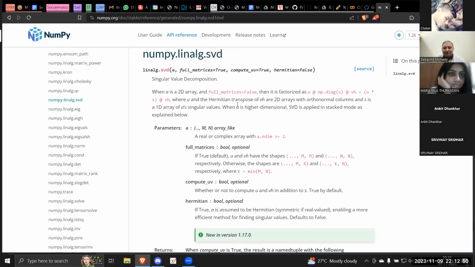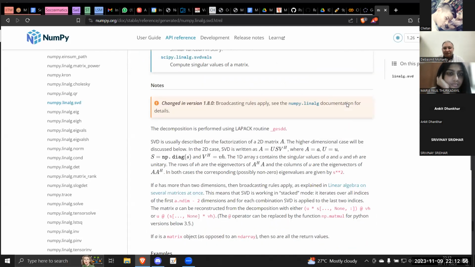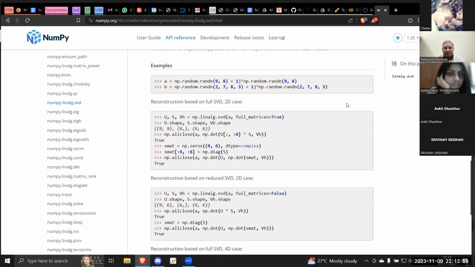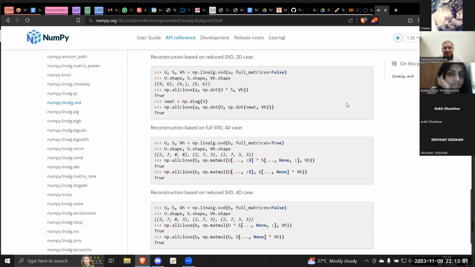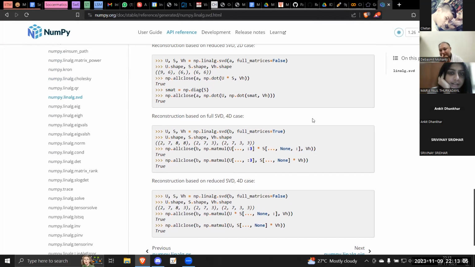Analysis of SVD of A. What does it output? Full matrices is full rank, I guess.